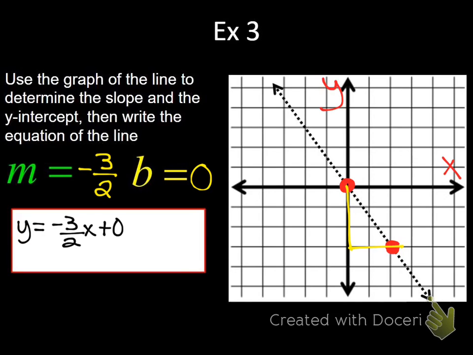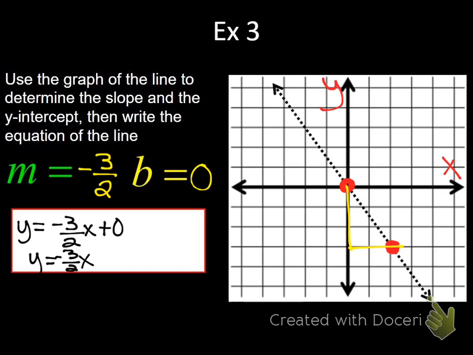Y equals -3/2x. That's right. So there are 2 ways you can write it: y equals -3/2x plus 0, or simply y equals -3/2x, because if you don't have something there for the y-intercept, we know that it is 0.